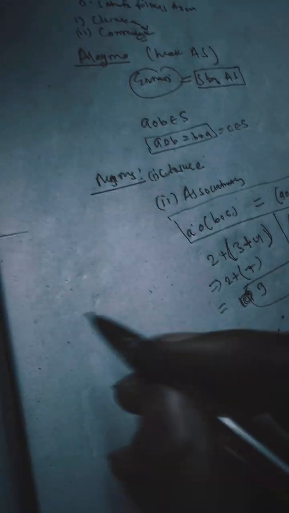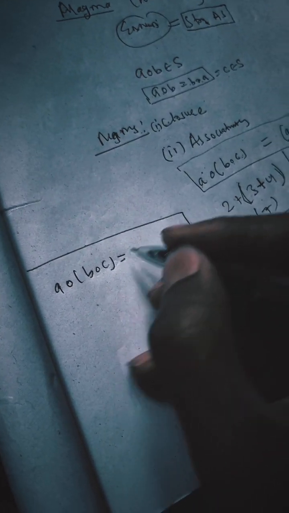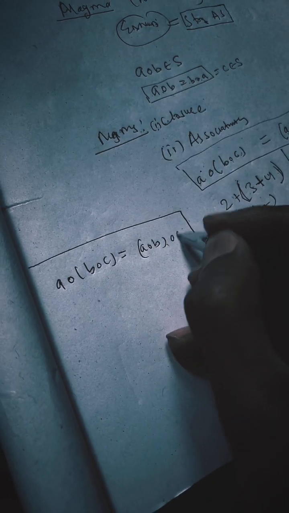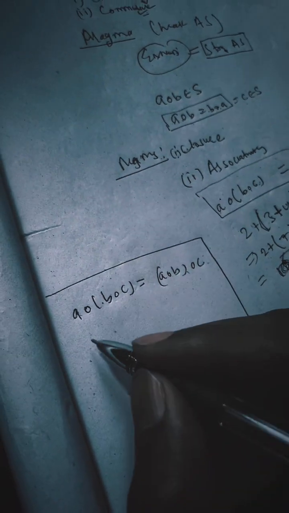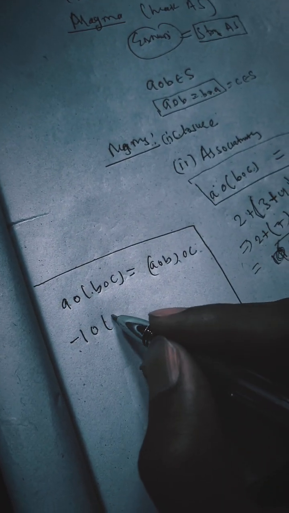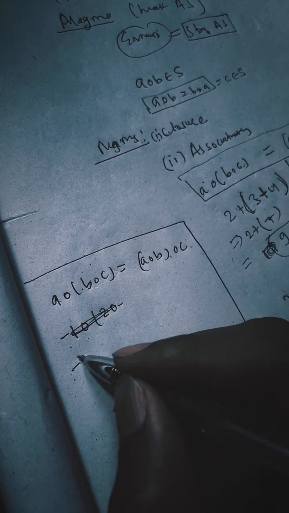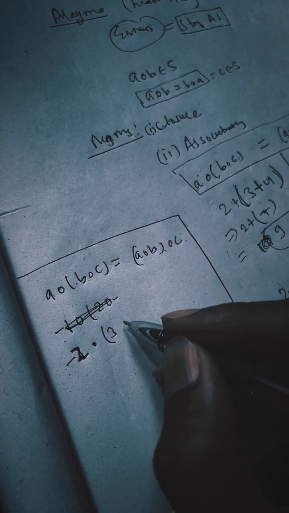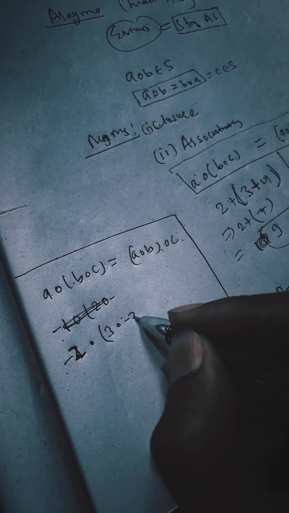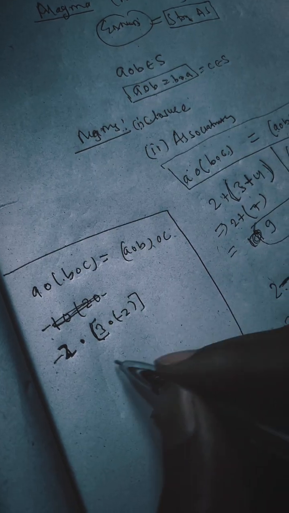What about multiplication? Well, let's see. We have to check whether A operate (B operate C) is equal to (A operate B) operate C. We could choose the same numbers 2, 3, 4, or we can choose any number we want, right? So let's say -2, multiplication, 3, multiplication, -2. So what is the answer?